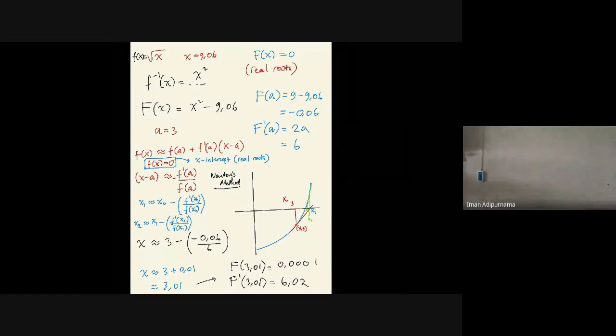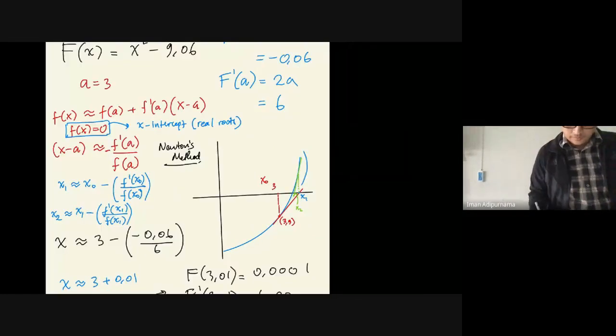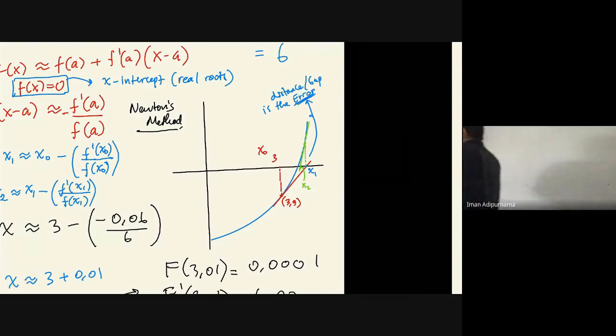So from this itself, it's already 0.0001, and at the beginning it's 0.06. So when you're getting closer, the distance is the error. So this distance, or gap, is the error. How much percentage you are from the real root, the exact number here.